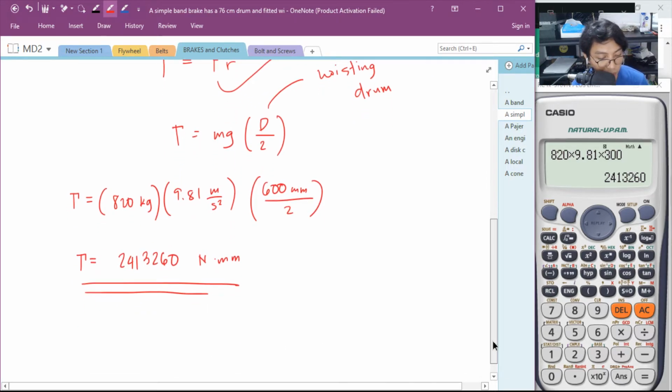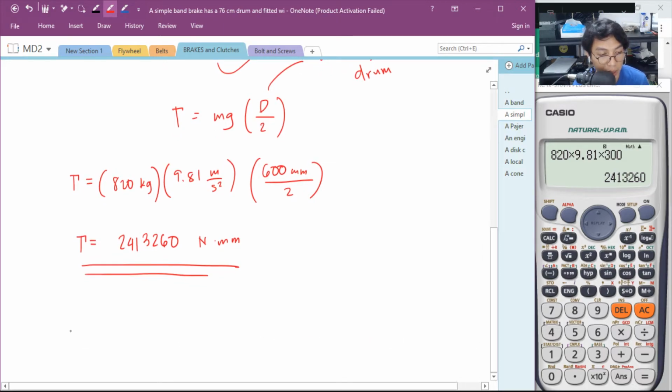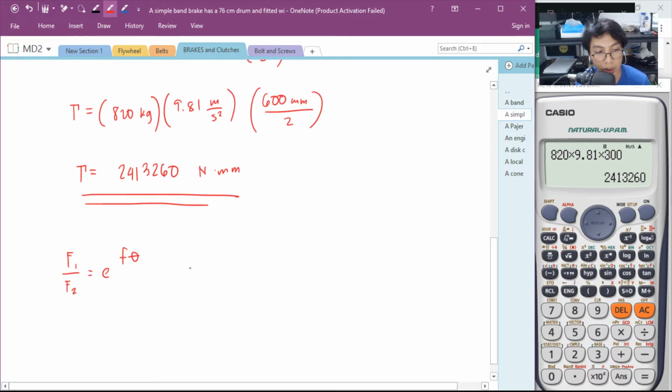Ang hinahanap natin dito is the slack side. Okay? Ay, tight side. So, gamitin ulit natin to, belt tension ratio. F1 over F2 equal to e to the f theta. Meron ba tayong f? Yes, meron din tayong theta. So, meron tayong equation. Translate natin. F1 minus F2 multiplied by e to the f theta equal to 0.